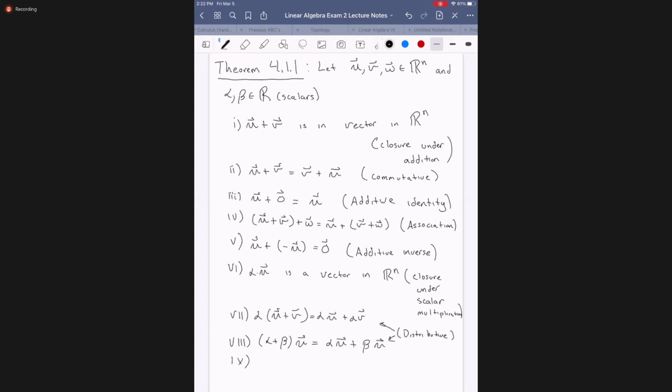So that goes for both of these. We also have, so two more, this. So we can associate scalar multiplication as well. And then last but not least, that real number 1 times U is just going to give me back U. So this is called the multiplicative identity.